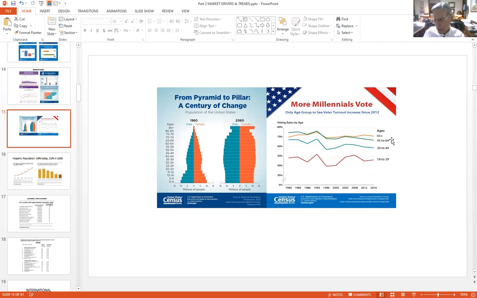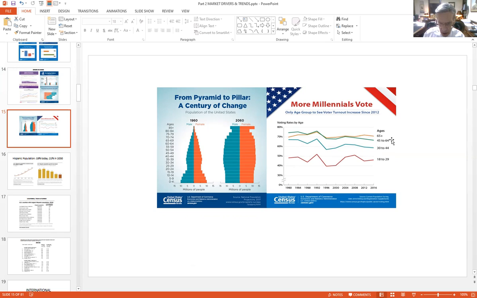Now, why is that important? Because seniors, if they vote more often and there are more of them, you can just imagine that they are going to have greater political influence today and in the future than in the past.